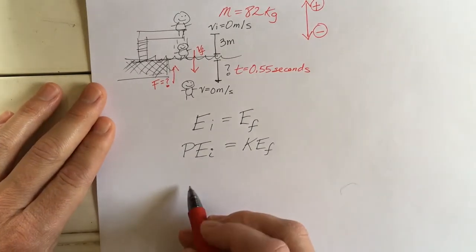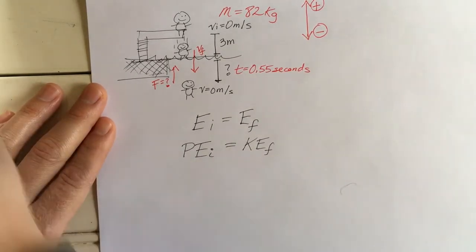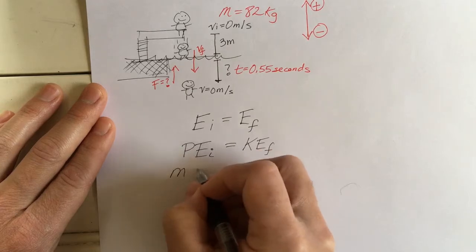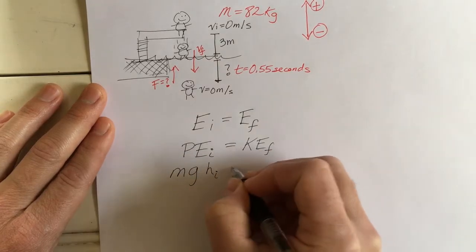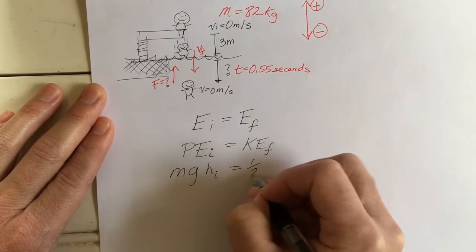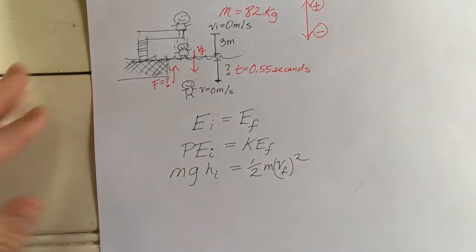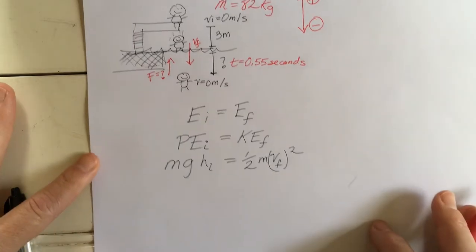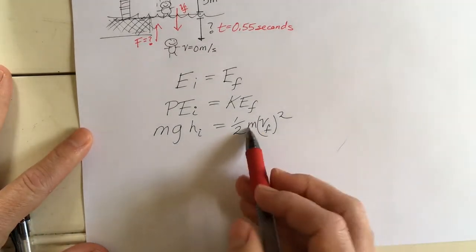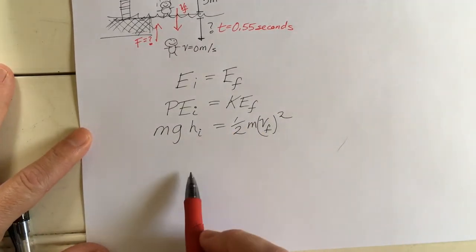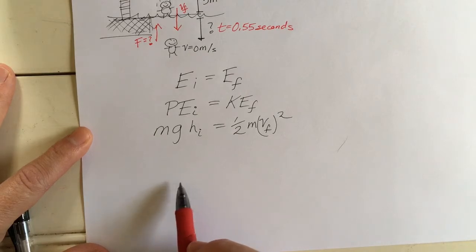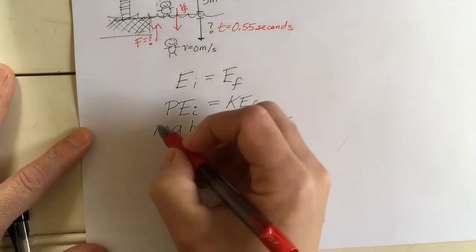Okay, so let's come back down here and say PE initial is equal to mgh initial, and KE final is equal to 1/2 m vf squared. What can I get rid of there? Hopefully you remember, looking at this, something on both sides that doesn't need to be there. I mean, we can plug it in, but we don't have to.